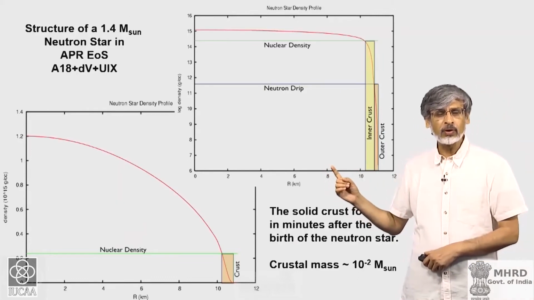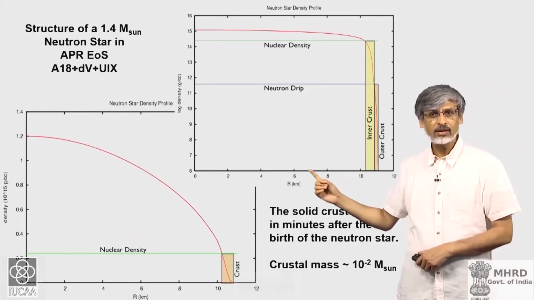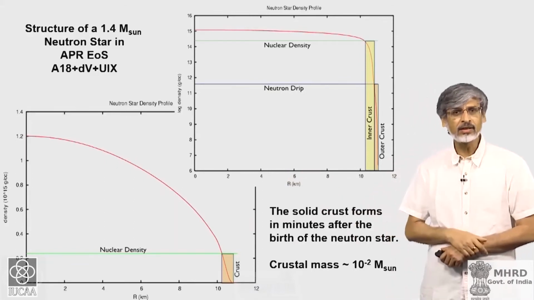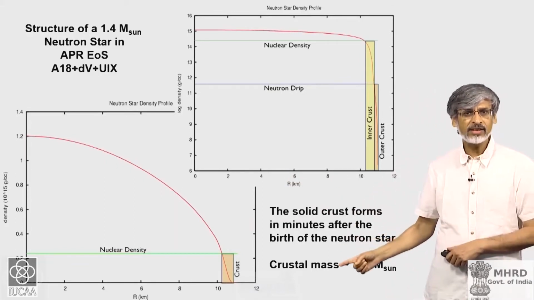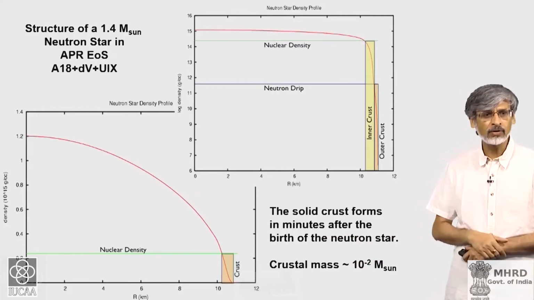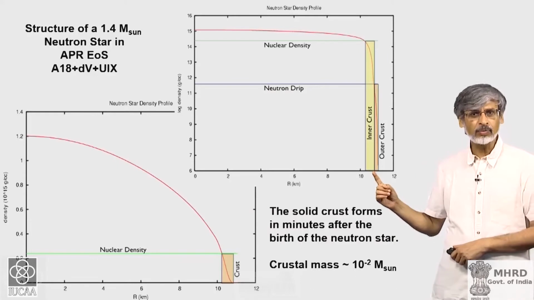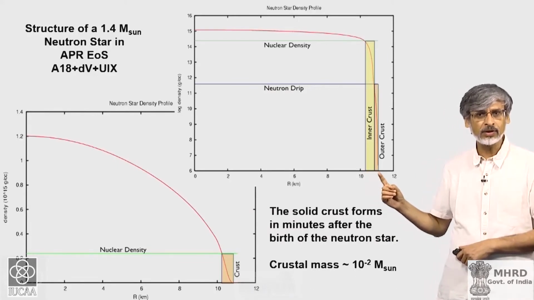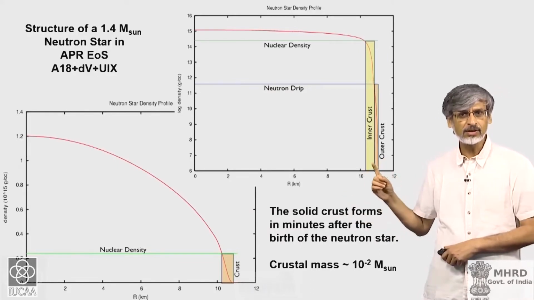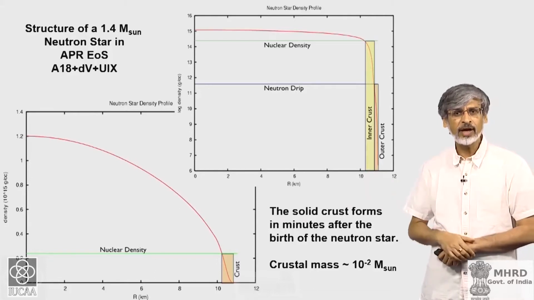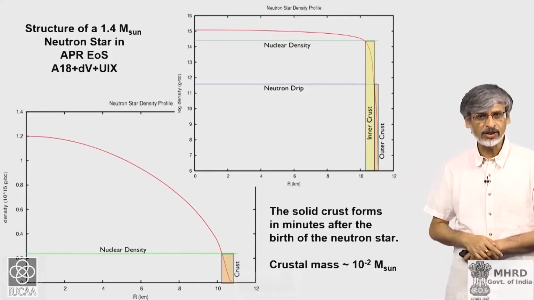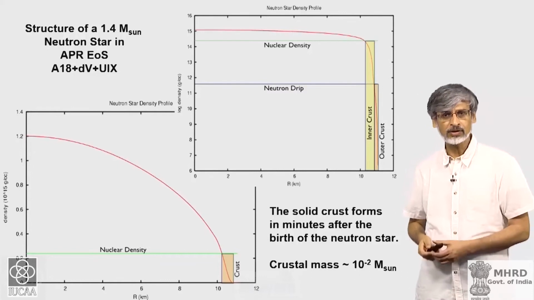For a 1.4 times the mass of the sun contained in the full neutron star, the mass contained in the crust is only about 1/100th of the mass of the sun. So, the crust is a small part of the neutron star, both in radius, which is about a kilometer thick, and in mass it is roughly about 1% of the total neutron star.